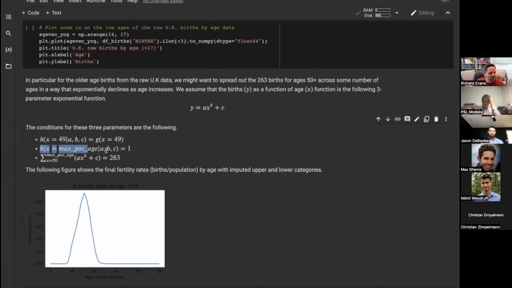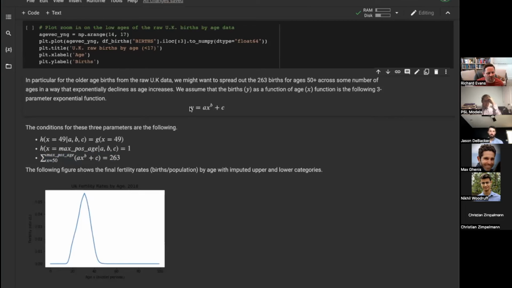And at some maximum age, the number of births for that age is 1, so the lowest number of positive births that you can have. And the last thing is, for any values that have positive births, we want it to add up across those imputed values to 263.